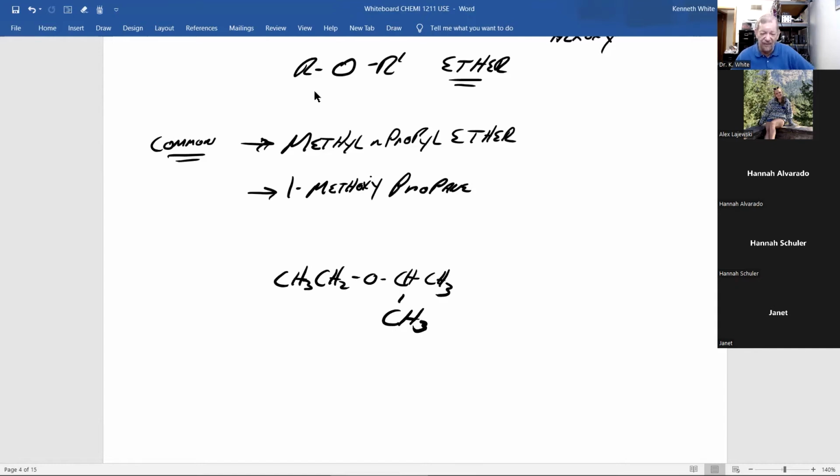And here's the compound. It's an ether. What would be the common name of that compound? Your turn.